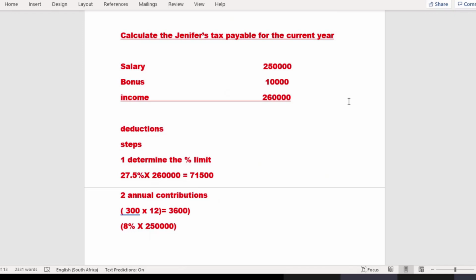I think it's 20,000 Rand. However, we had the pension, which is greater, with an amount of 20,800 Rand, and that is the one that has to be taken. 20,800, let me just say, to be considered.